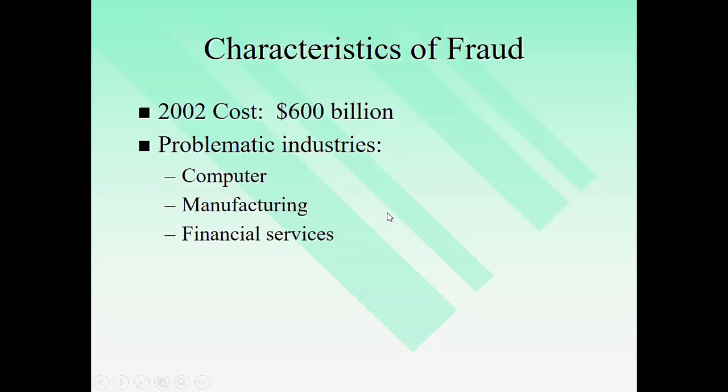Then to continue, characteristics of fraud. This is so big, $600 billion in 2002. Adjusted for inflation, that's too much nowadays. These are the problematic industries, the computer industry. There is more tendency for fraud to occur in computer industries, so there can be misappropriation of assets, and of course this is IT based, so there could be greater chances of fraud to occur.